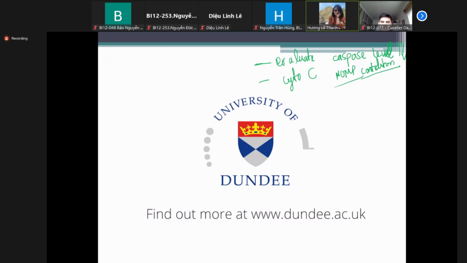So it's also measuring the level of cytochrome C in the cytoplasm or not. It's not really easy to perform. So next, what criteria can I use to test the hypothesis of the cells?